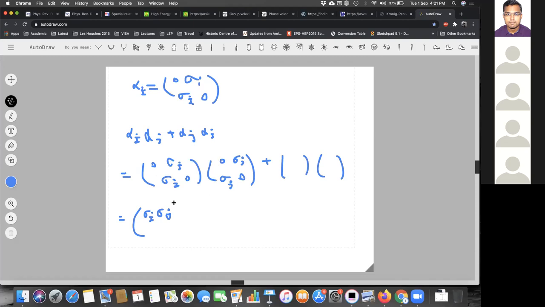So this is the first entry. Then the next entry here is 0. Off diagonal terms will be 0 and the diagonal terms will be the product of these two. So this is 0 multiplied by this is also 0, and again the diagonal term here will be sigma i sigma j.